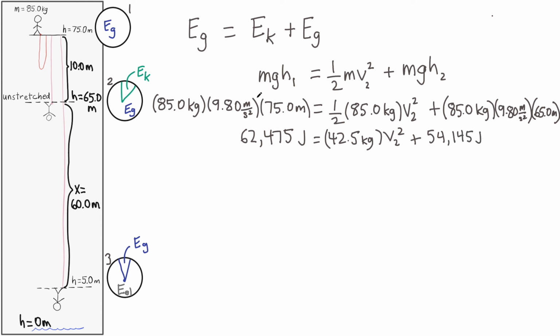I'm not rounding any of these numbers for significant figures just yet. Again, I want to solve for v2, so I'm going to subtract 54,145 joules from both sides of the equation. This will subtract to 0, and 62,475 joules minus 54,145 joules is 8,330 joules.